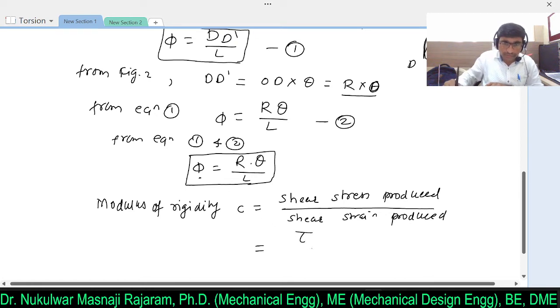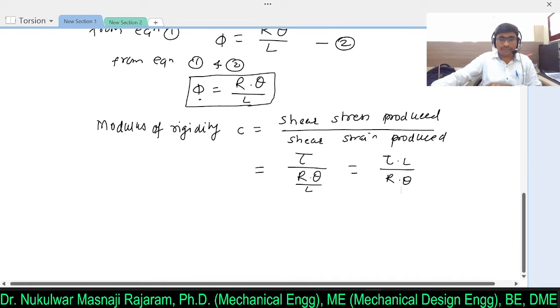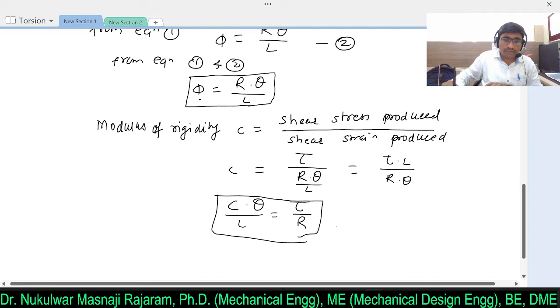So I will rewrite the equation over here: tau divided by R theta divided by L. So it can be written as tau into L divided by R into theta. Clear? So if I rewrite this equation and multiply theta over here, then I will get C into theta divided by L equal to tau divided by R. So this is our first equation we get. Clear? So I will call it equation number 3.